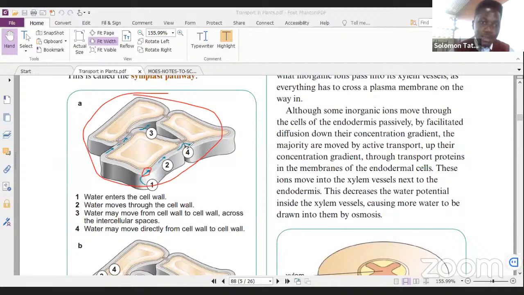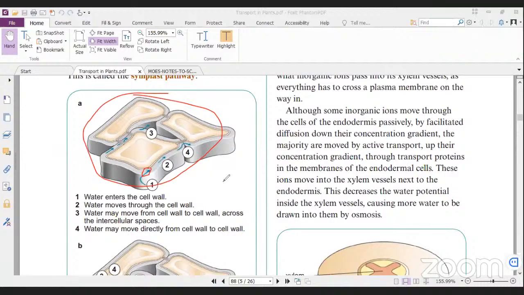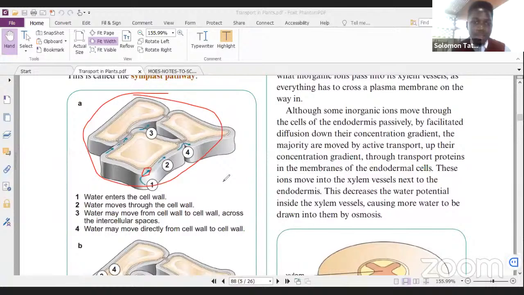So the water is passing through the cell wall, from cell to cell, through the cell wall, to the particular xylem vessel trachea that is near there. So that is a good picture to show us what the apoplast pathway entails.